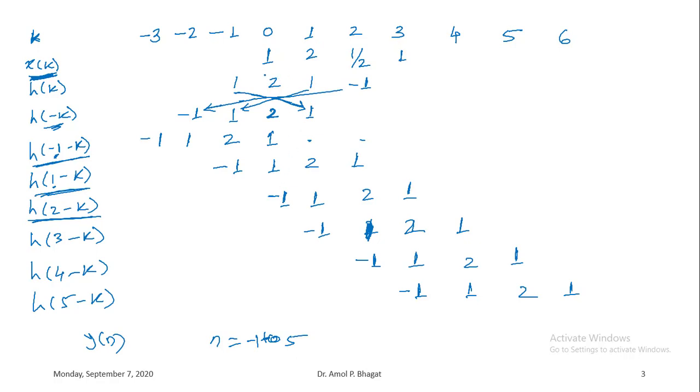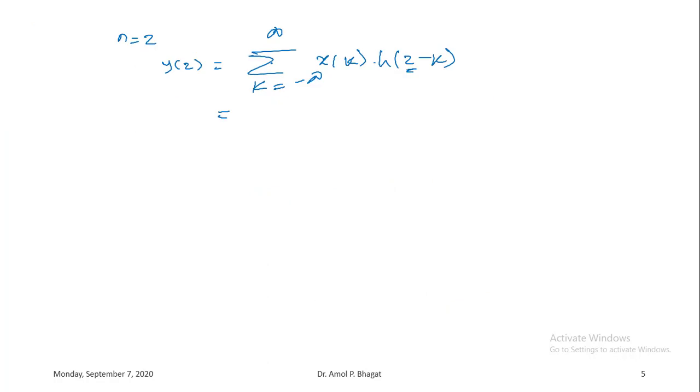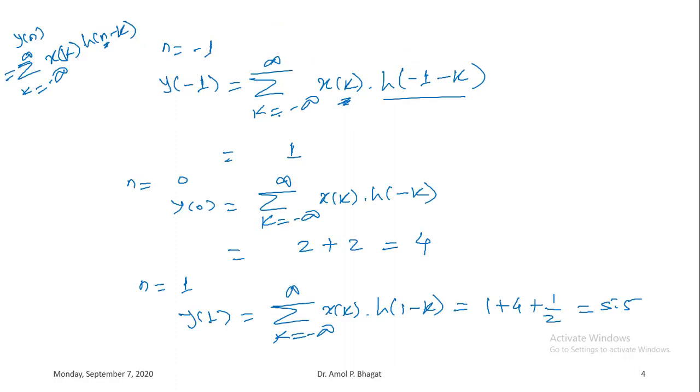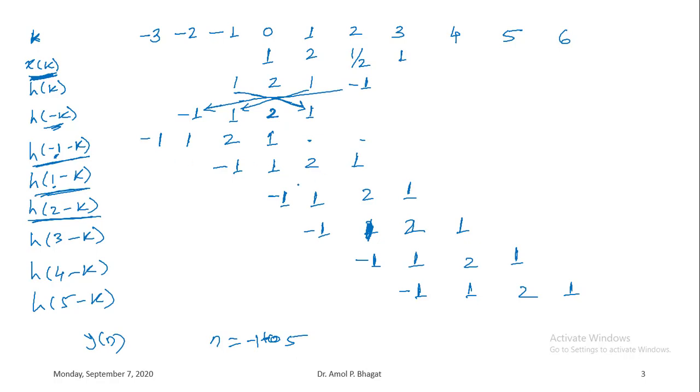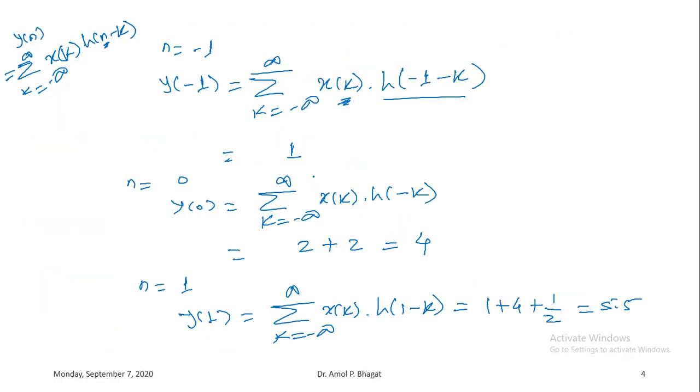So first will be minus 1 multiplied by 1 will be minus 1. Next plus, as we are doing summation here of these multiplication results. So first multiplication result is minus 1, then we are adding to it 2 multiplied by 1, which will be 2, right?